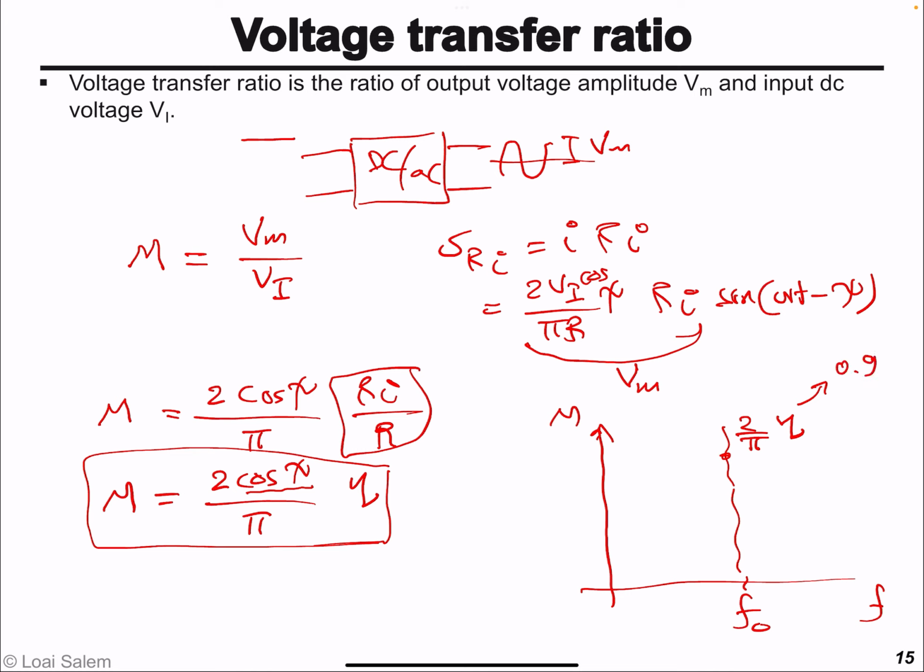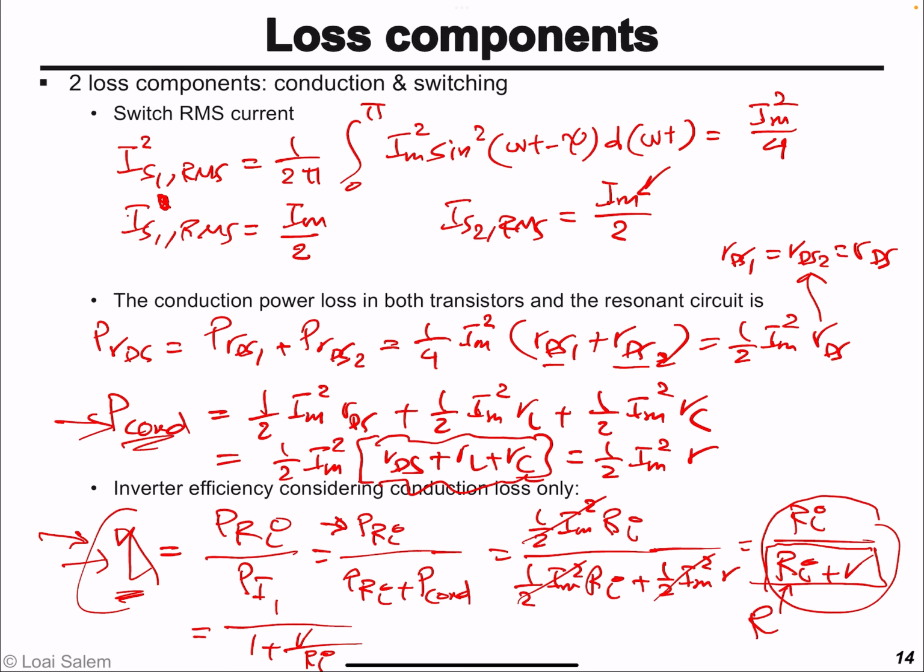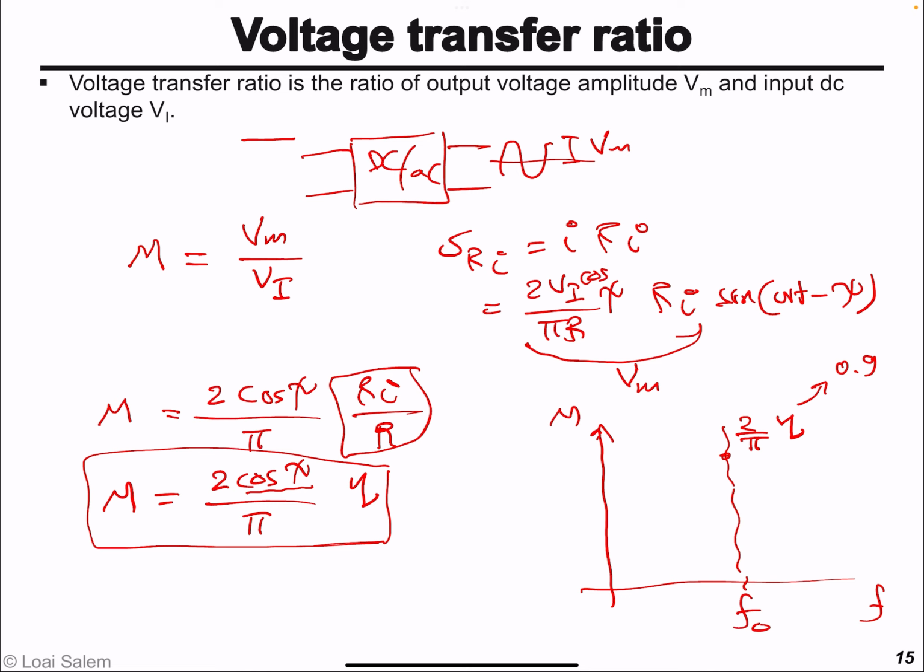So the efficiency of the converter is important because essentially, the lower the efficiency, the lower the generated amplitude of the AC output voltage. And then as we deviate from the resonant frequency, we have a cosine psi here. So basically we have a response that looks like this versus the frequency.